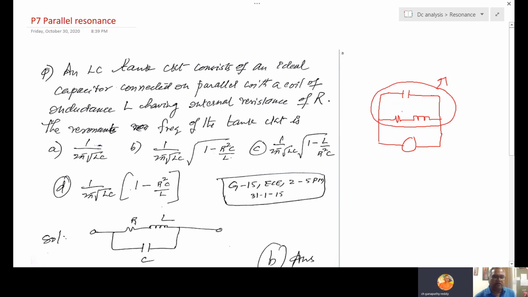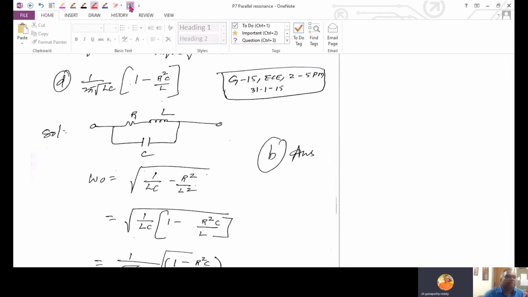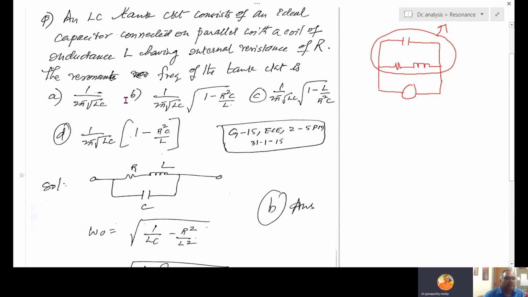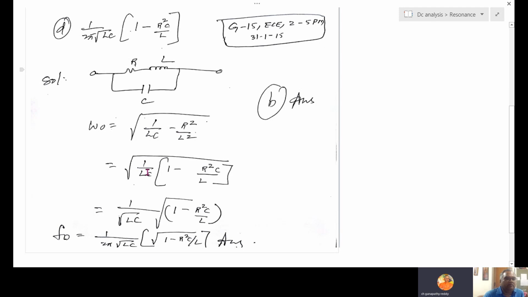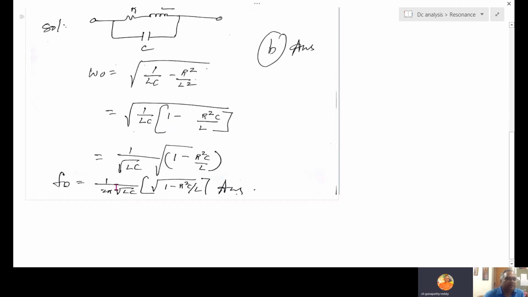So what is the formula? Already we know, na. Root of 1 by LC minus R square by L square. We know this formula already. But in the answers it is not given like that. So just modify, take 1 by LC common, and express further like this.